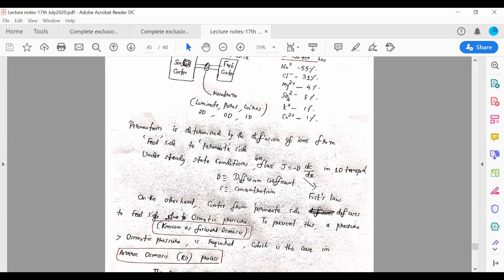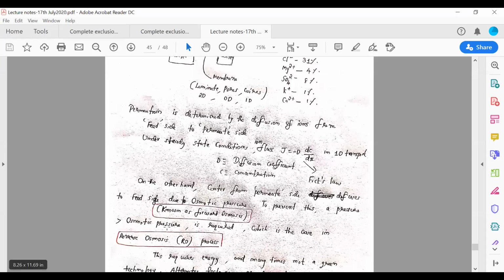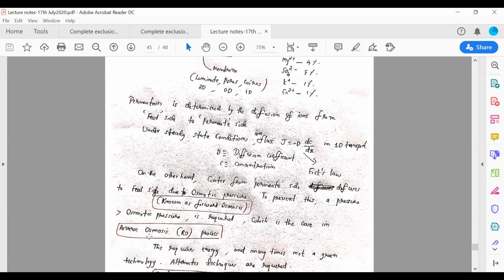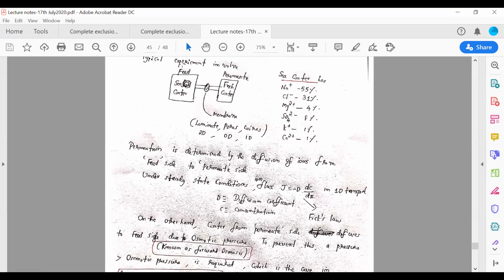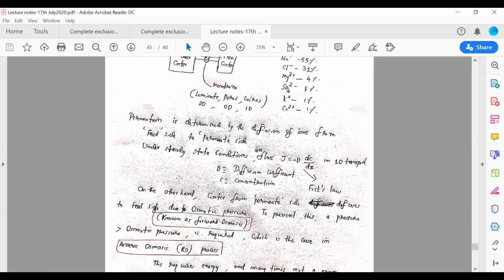That is the process of reverse osmosis, RO membranes, the RO process. That's what we typically use nowadays. Here remember that we have to consume energy because we have to apply hydrostatic pressure higher than the osmotic pressure, so that there is no mixing of water from the fresh water to the seawater side.